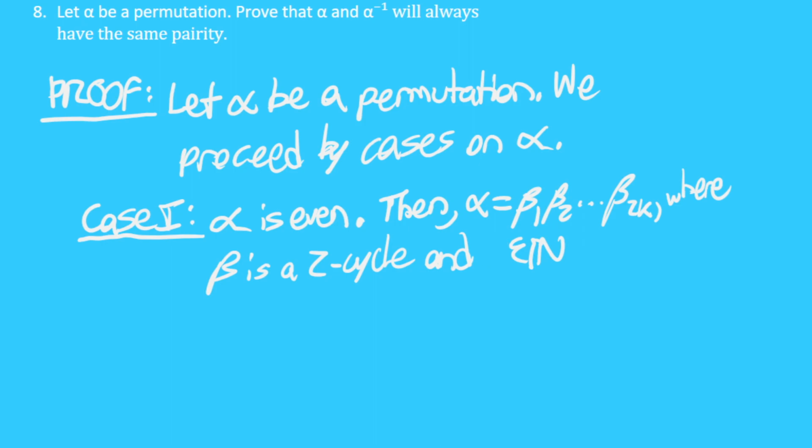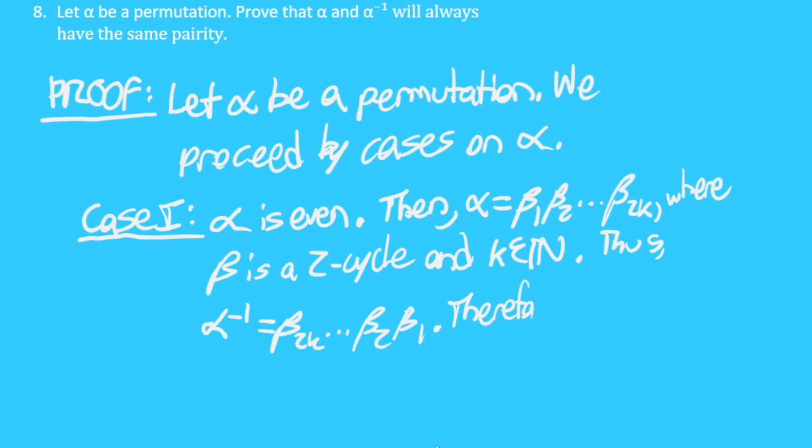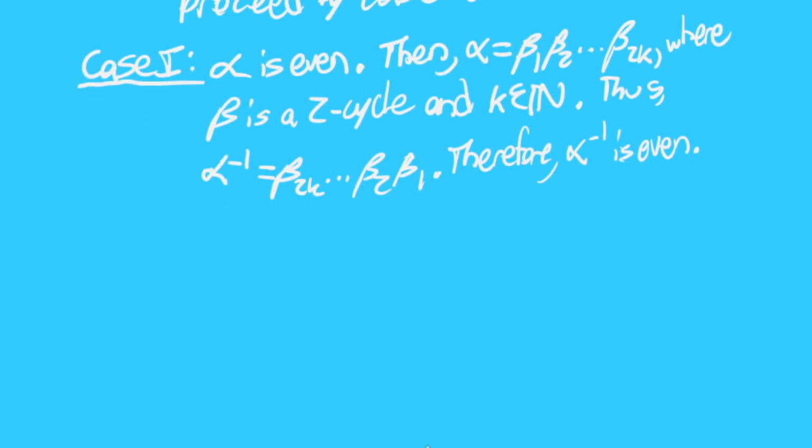Thus we have alpha inverse is beta 2k, and so on down to beta 2, beta 1. So therefore, alpha inverse is even.